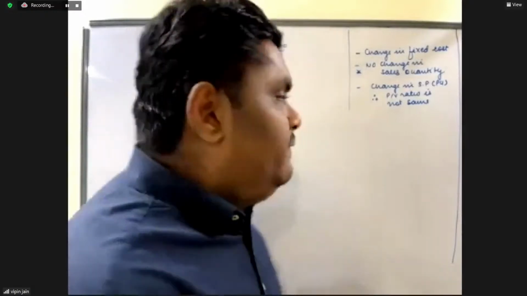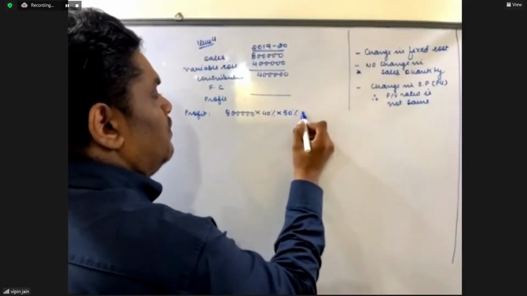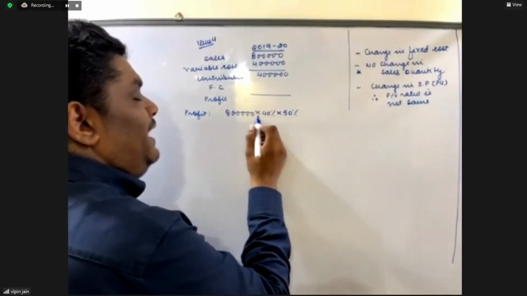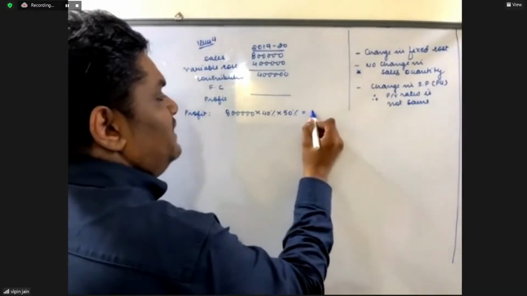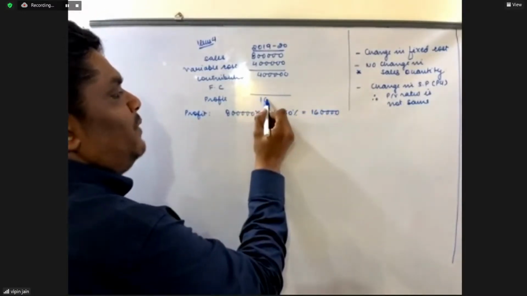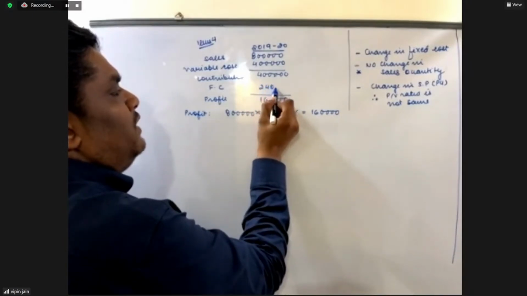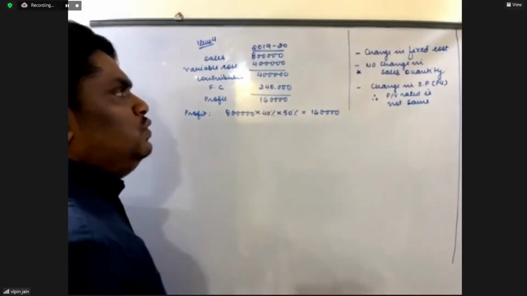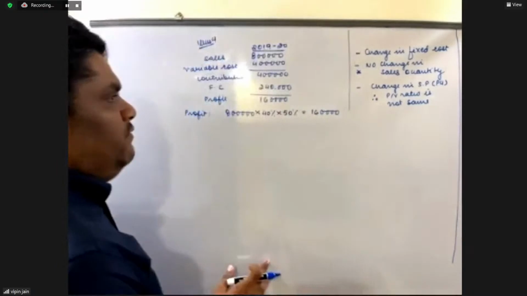If we multiply it with PV ratio, we'll get profit. So 8 lakh into 40%, that is 3 lakh 20,000 into 50%, that is 1 lakh 60,000 will be my profit. So my profit is 1 lakh 60,000. Therefore, this will be 2 lakh 40,000. So for 2019-20, this much information is given in the question.